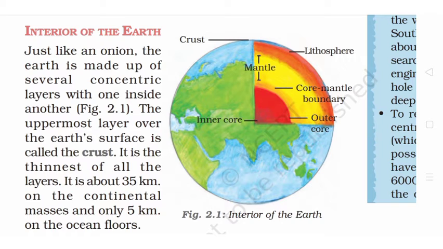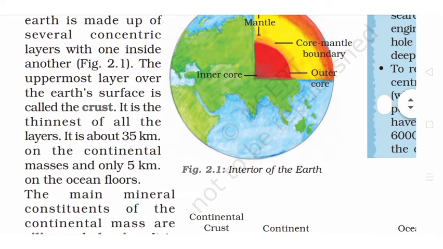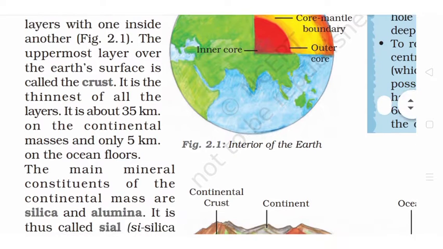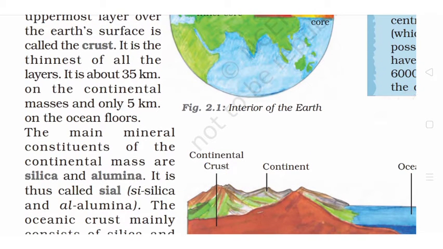This means where it is land, it is 35 kilometers down into the earth, and where there are oceans or water bodies, it is only 5 kilometers down to the mantle, and then the mantle starts. Now the main mineral constituents of the continental mass are silica and alumina.